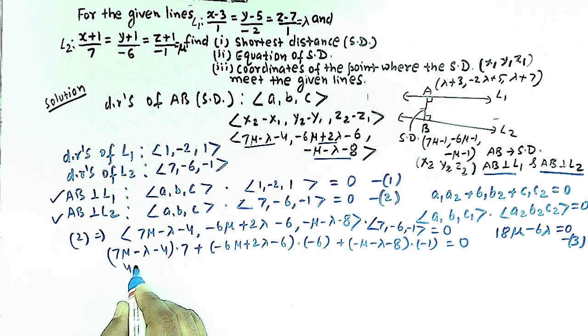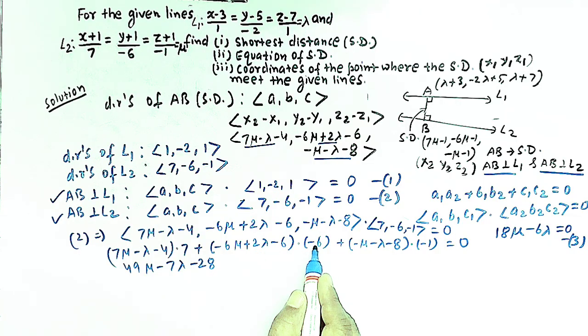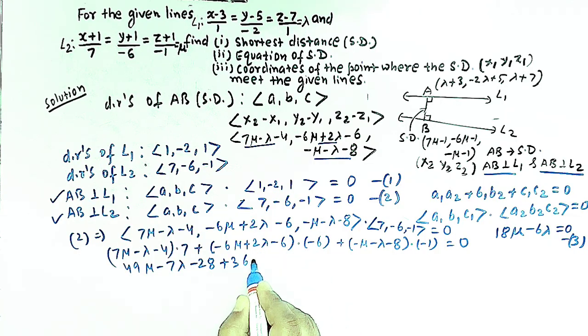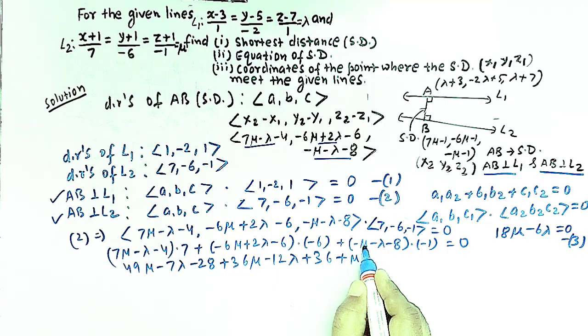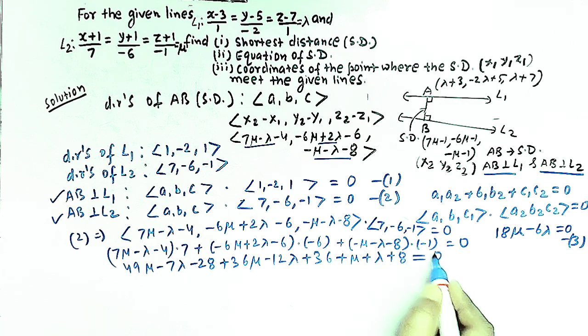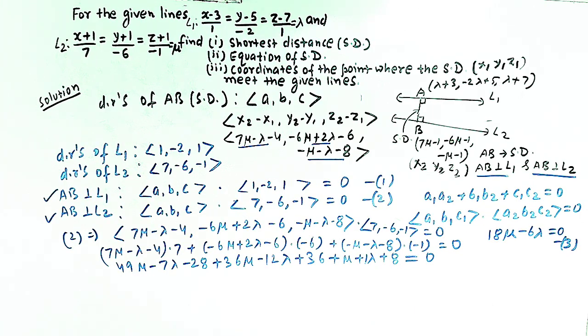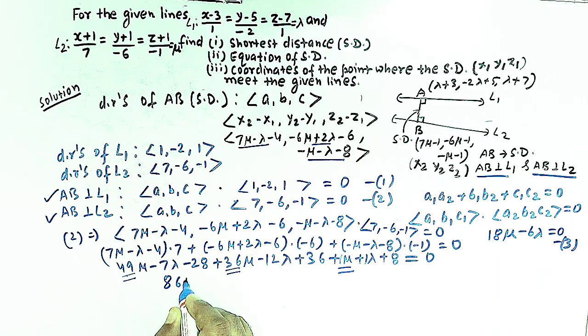So now here we have 49 mu minus 7 lambda minus 28, and here we have plus 36 mu minus 12 lambda, then we have plus 36, and here we have plus mu, and then we have plus lambda, and here we have plus 8 is equal to 0. Now here we have 49, here we have 36, and here we have 1. So 49 plus 36 plus 1 is 86 mu.